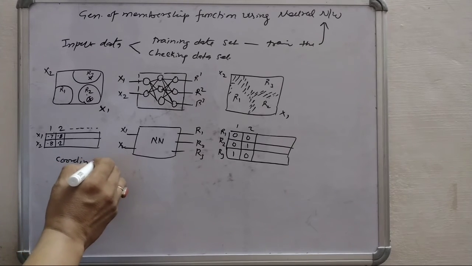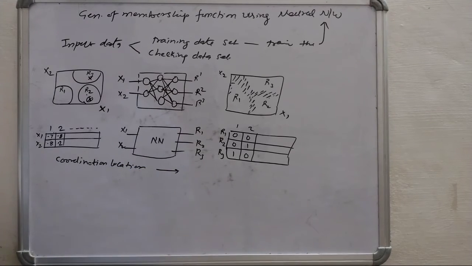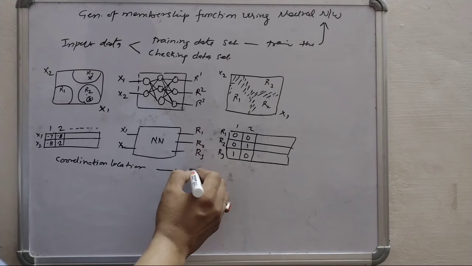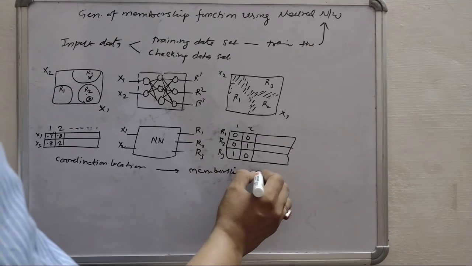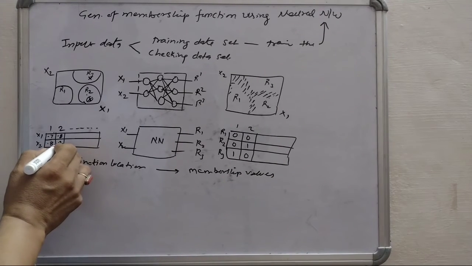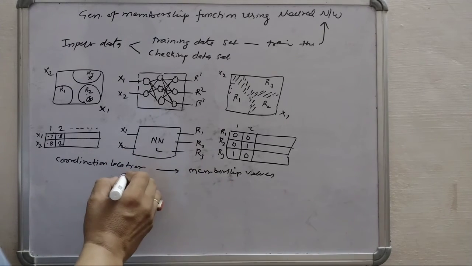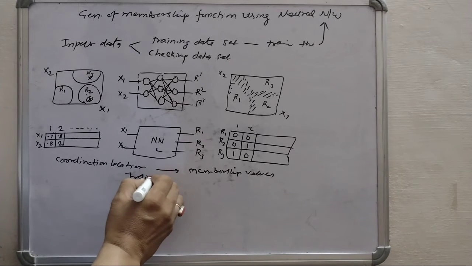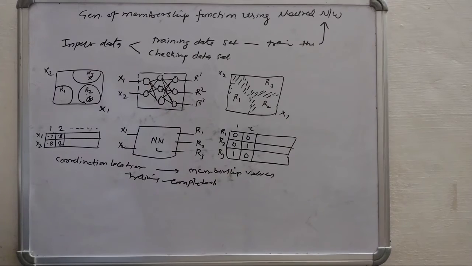In this neural network, coordinate locations are mapped into membership values. When we present all the data to the neural network, our training part is completed. Training completed, and then our neural network is ready to give the output.